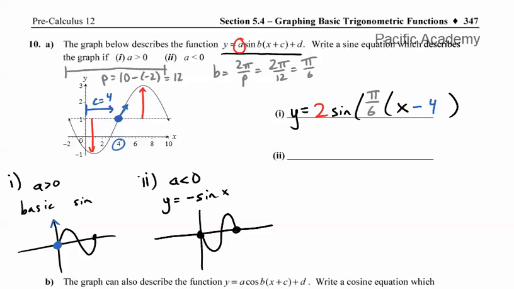And then D is how high the graph has been translated above the x-axis. Normally the middle line's on the x-axis, now it's been translated up 1. So there's my equation with a positive amplitude.